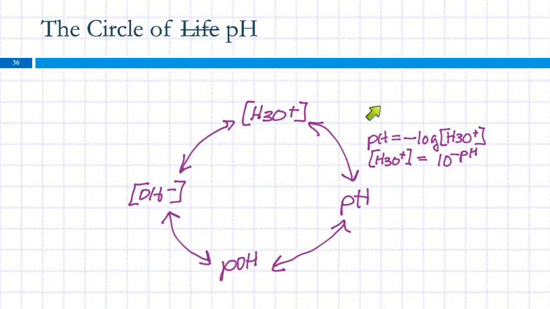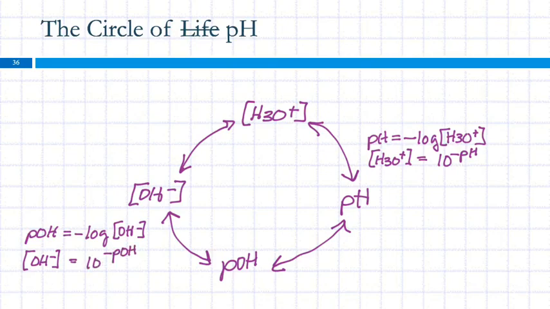So we should remember these equations. And the equations up here are the same ones that we use down here. We're just going to put in OH instead of H3O plus. So pOH is equal to the negative log of the hydroxide ion concentration. Hydroxide ion concentration equals 10 to the negative pOH.